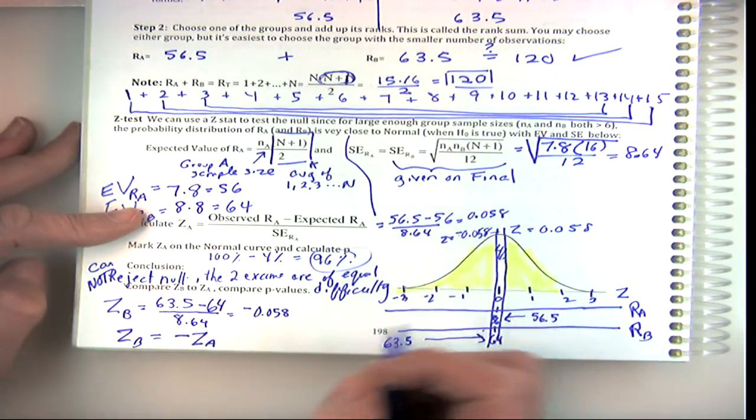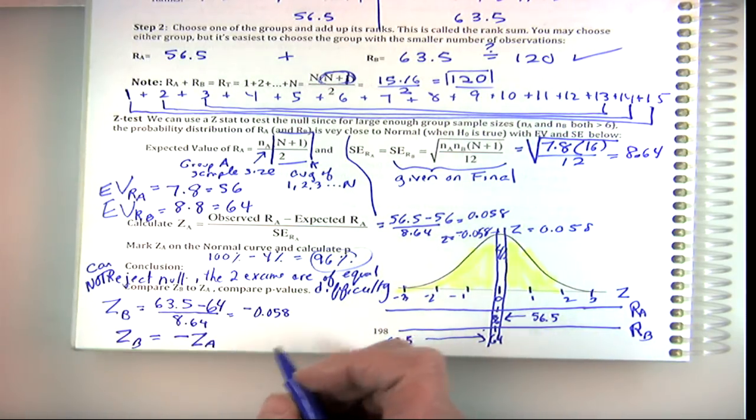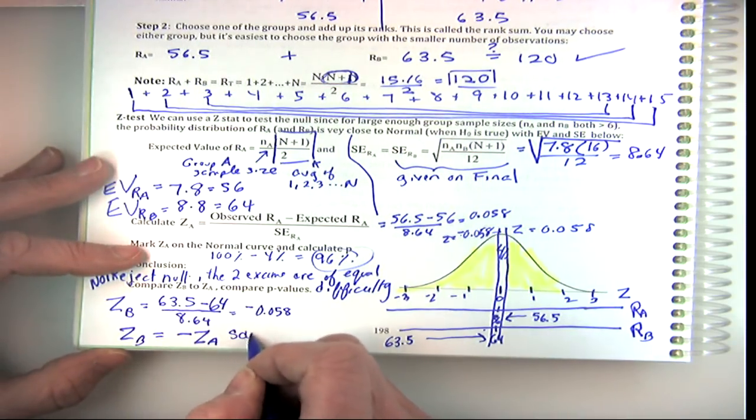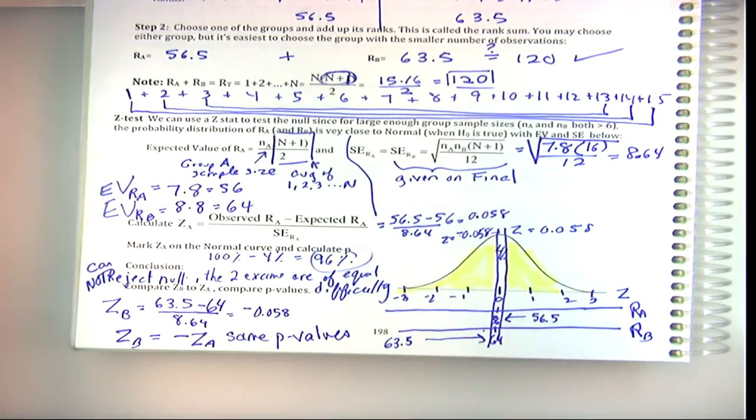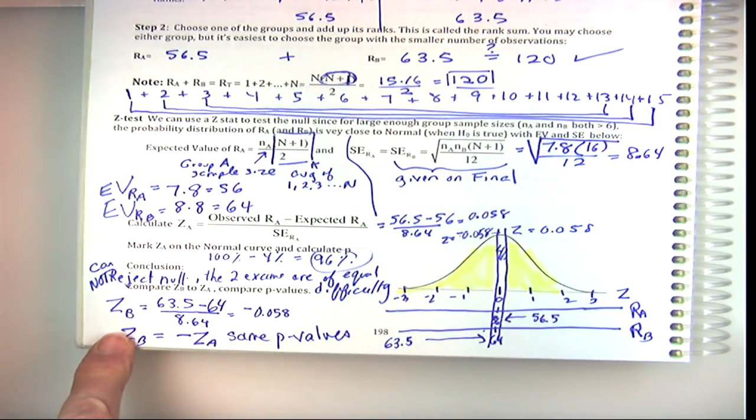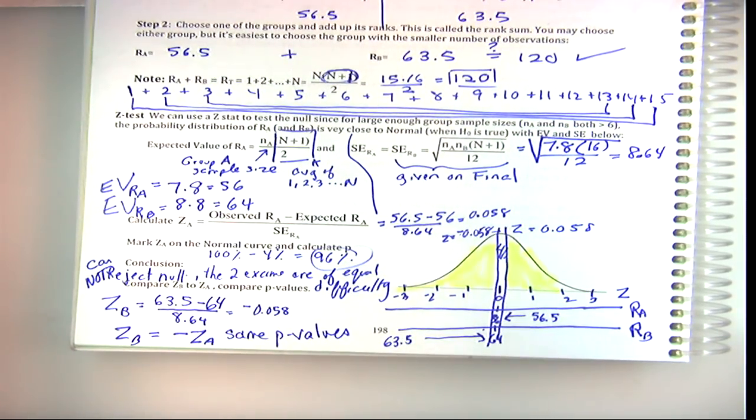So they'll have the same p-values, even if you did a one-sided test, because if you said ZB was bigger, that would mean ZA is smaller, and vice versa. So they'll give you the same p-values. So that's the idea. Any questions on it?